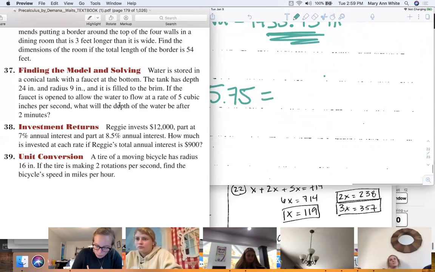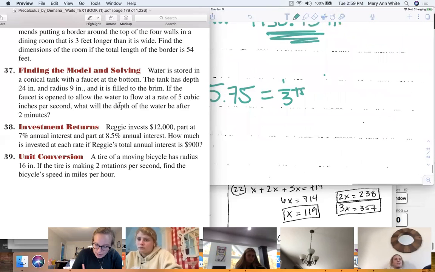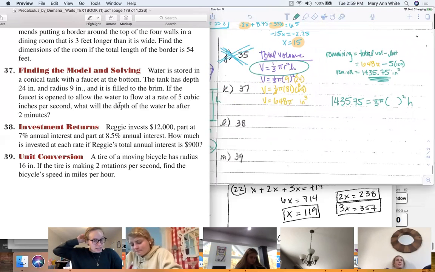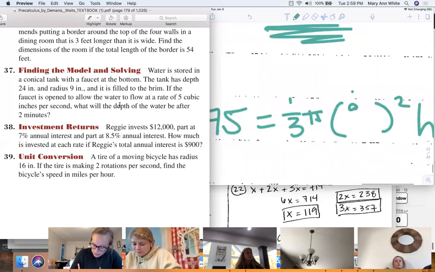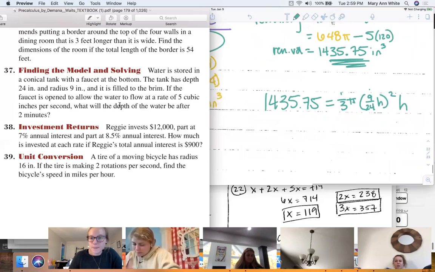And I know that my 1/3 is going to be the same. I know my pi is going to be the same. And I'm going to do r squared times h, and I want to find h. Since I can only solve if there's one variable, that's why I put r in terms of h. So I'm going to replace r with 9/24 h and then squared.